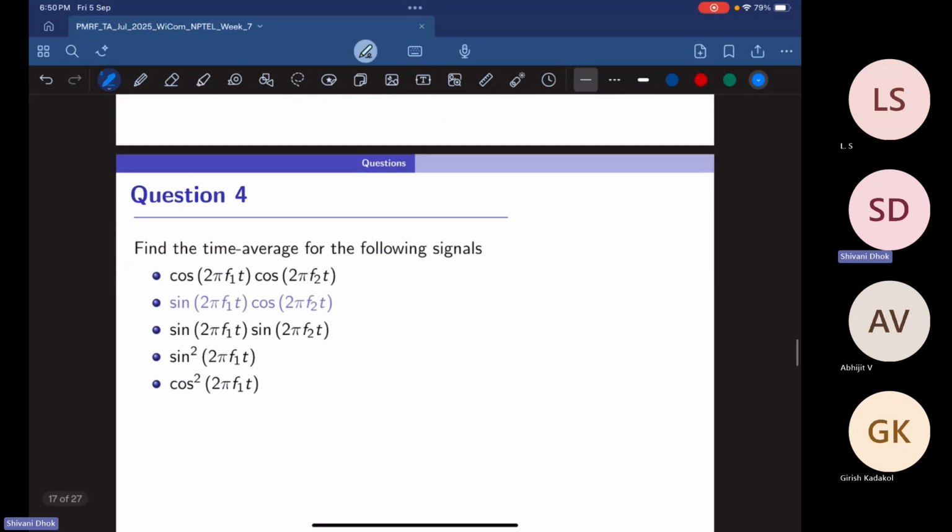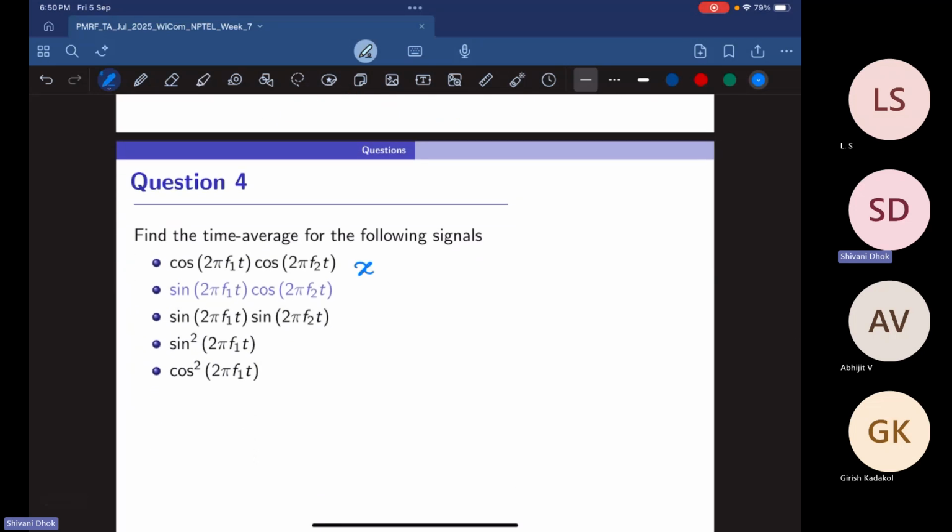Similarly, the second thing that we had was x2 of t, which is sine 2 pi f1 t into cos of 2 pi f2 t. In this we can apply the sin A cos B formula.